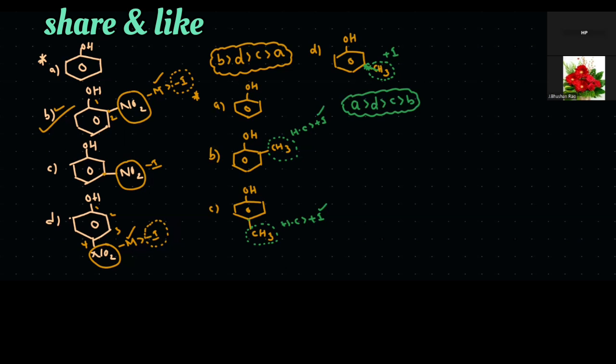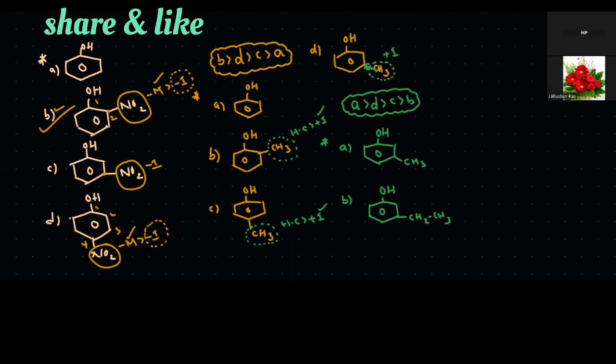Then after that, we will discuss a few more examples. The next example is A, phenol. Here one CH3 group is attached. Next, B, here one CH2CH3 group is attached.